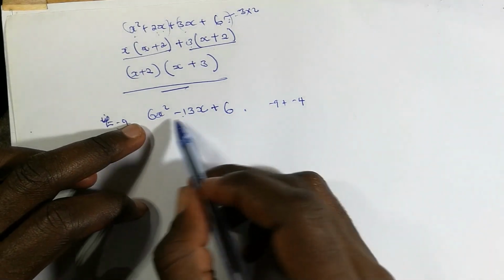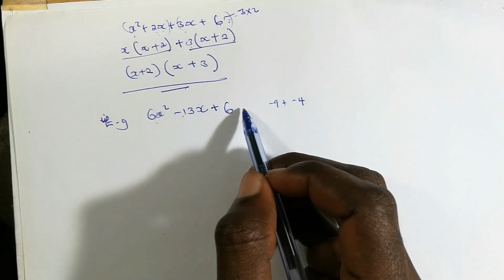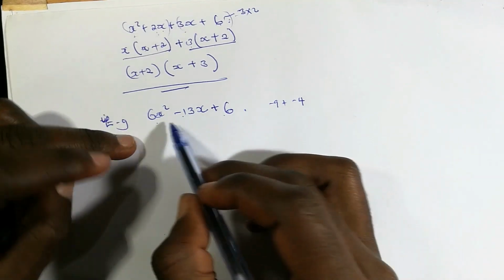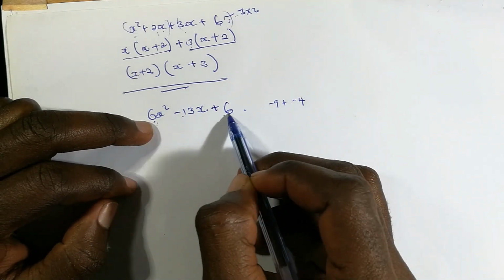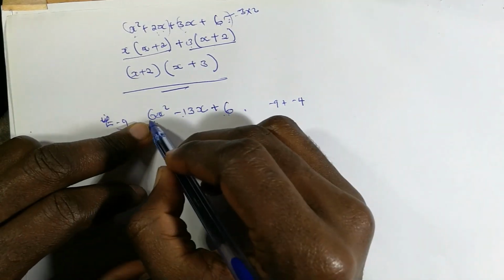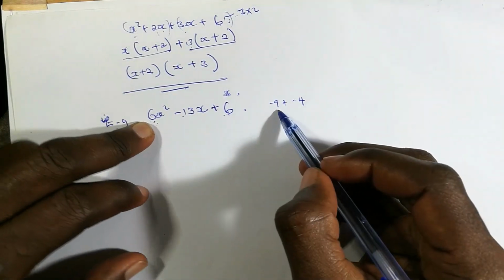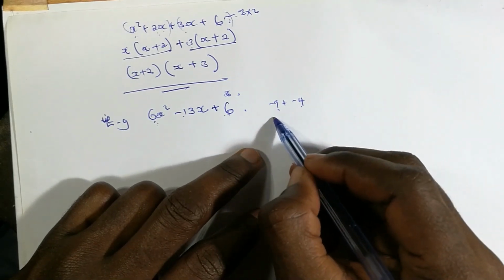But we need to see that, because this time the one we split here must give us 36, since this coefficient of x squared is not 1, and for us to get the right product here, we're supposed to multiply 6 by 6 to give us 36. So we need to look at the ones that, if you multiply, will give us 36. Also we have negative 1.